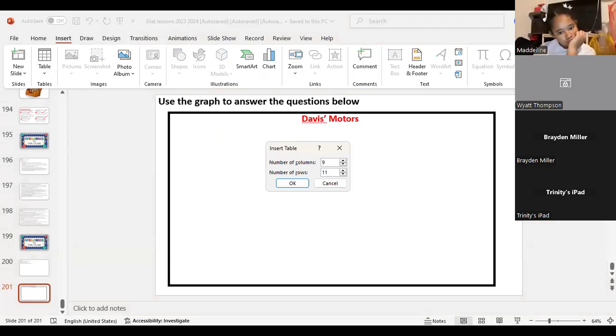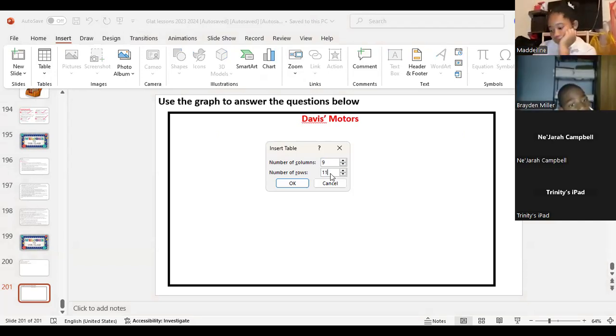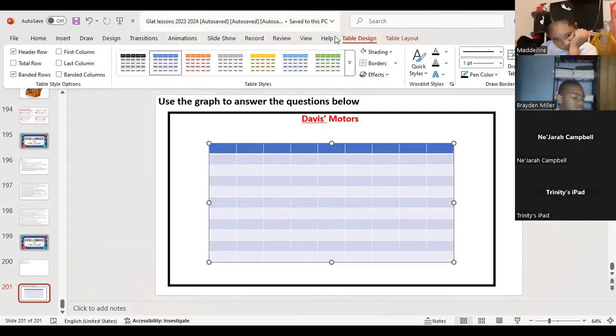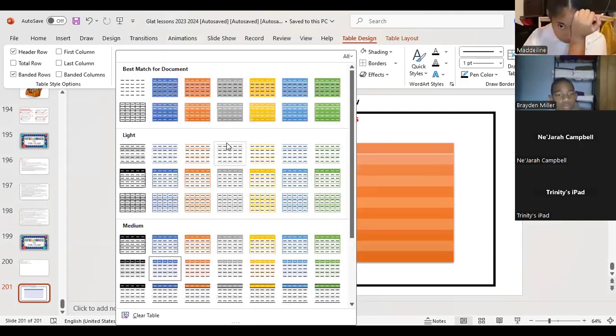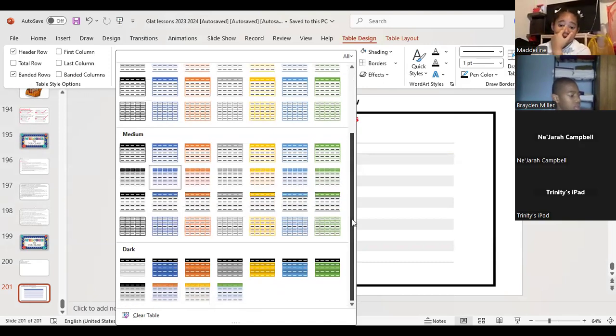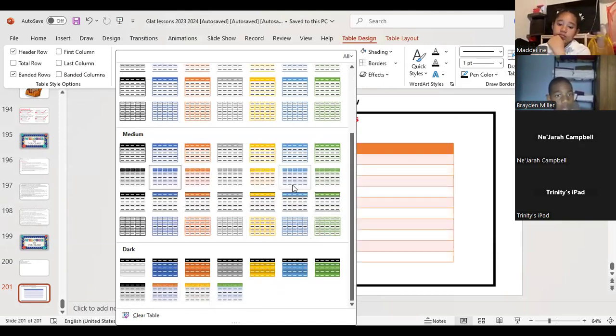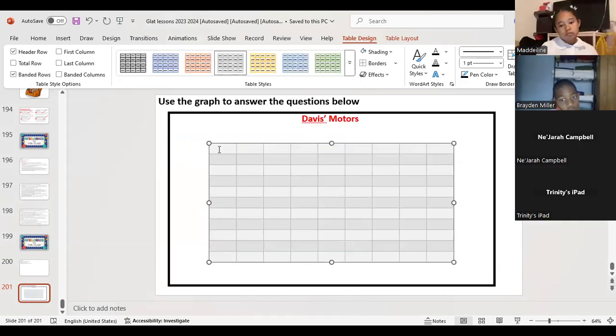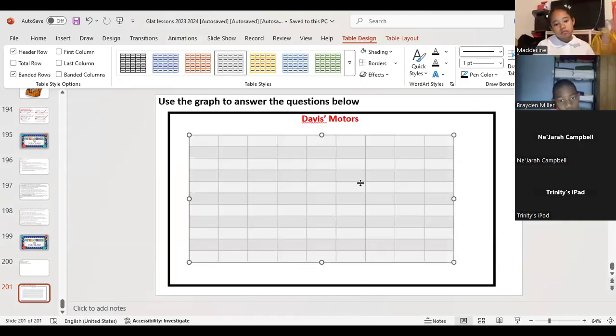Yeah, good. So something with 9 rows and 11 columns like this. I just want it blank. Good. All right, so draw that inside of it.